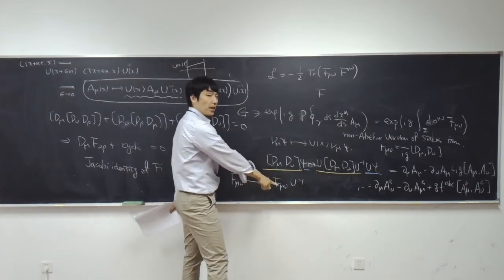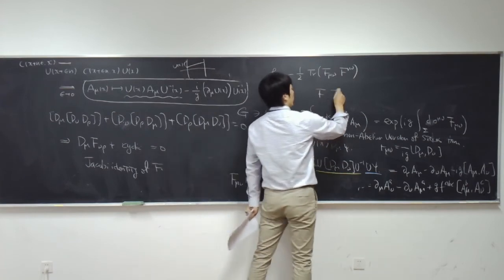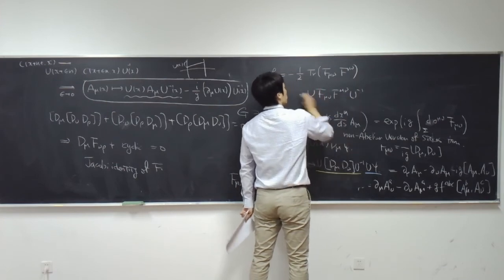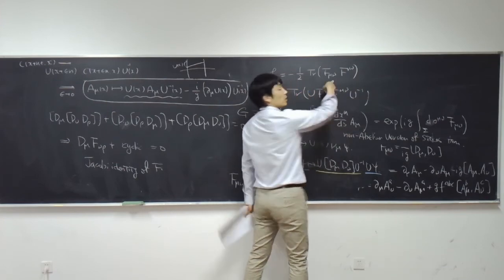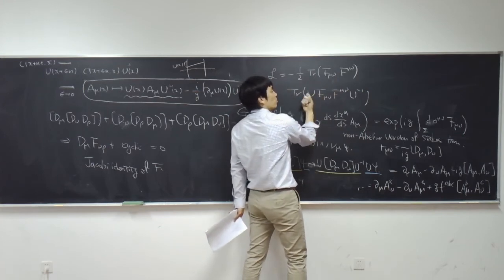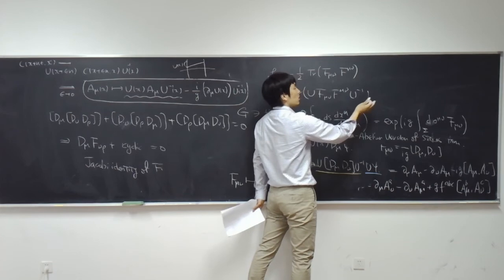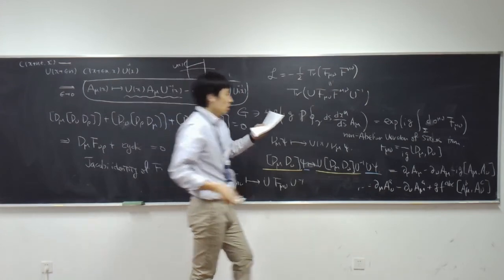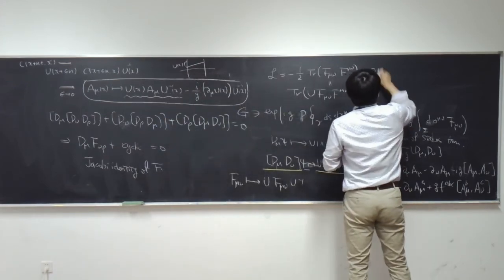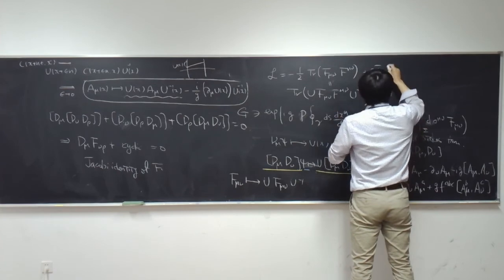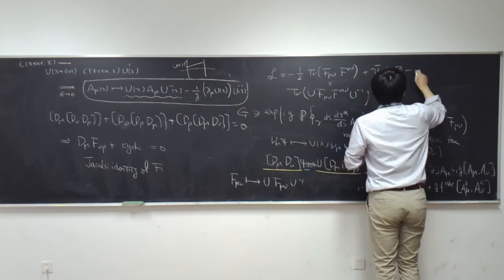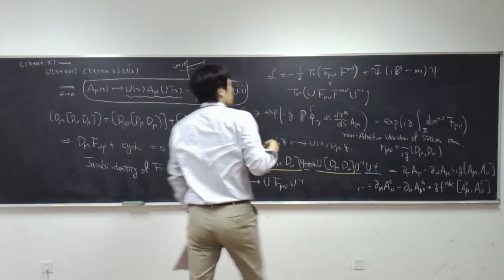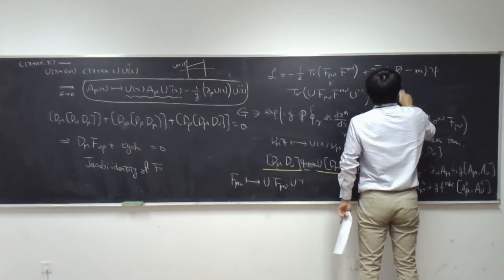So it's no longer invariant under the gauge transformation, but F mu nu becomes U F mu nu U inverse, and the trace is the same as this one, because in the trace you can bring U inverse to here and they cancel. So the trace of F mu nu squared is gauge invariant, and then plus the psi bar term. This is the Yang-Mills Lagrangian.